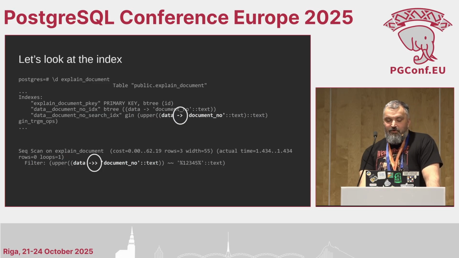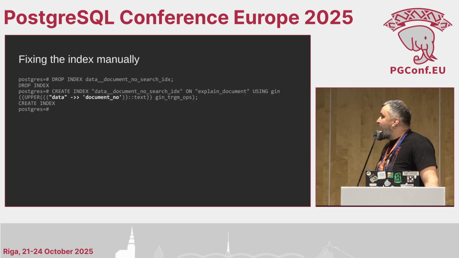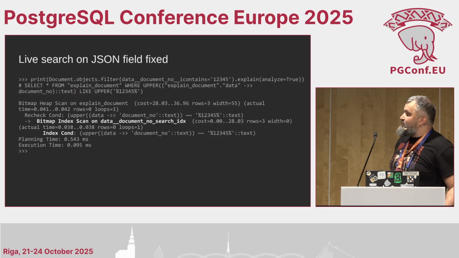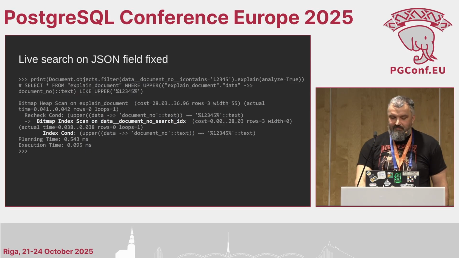At this point, I kind of gave up on the framework, since it doesn't create an index consistent with the query it creates. So I went and fixed the index manually, added those two greater-than signs, created the correct index, and now this live search works, it uses the index.